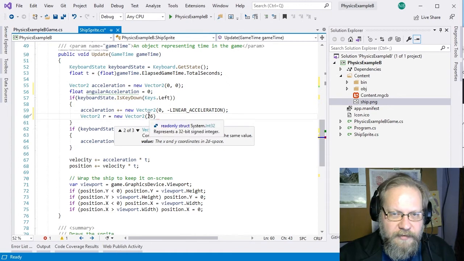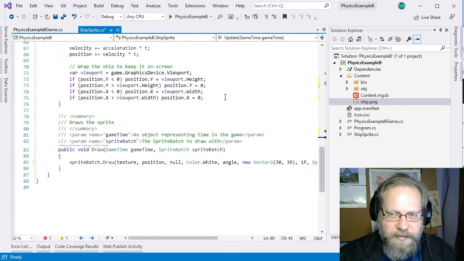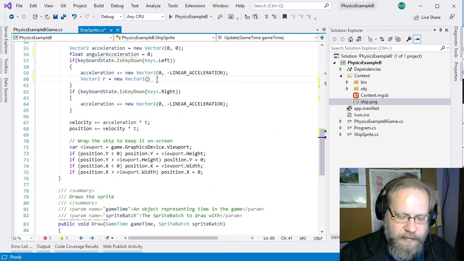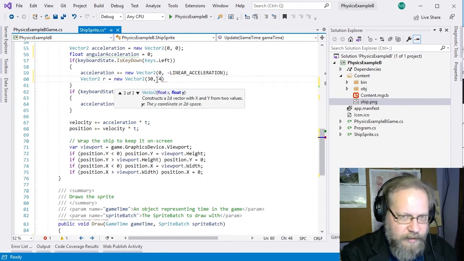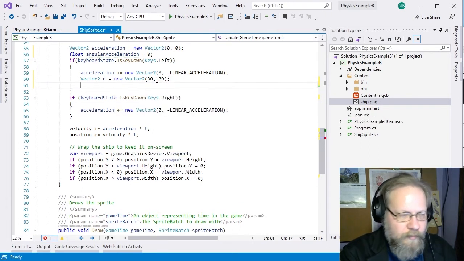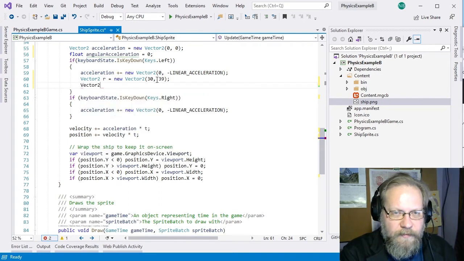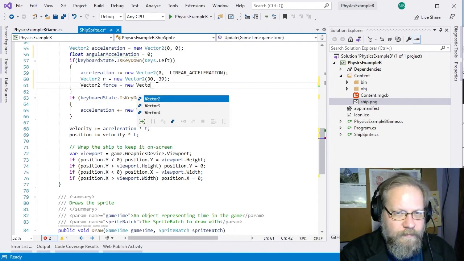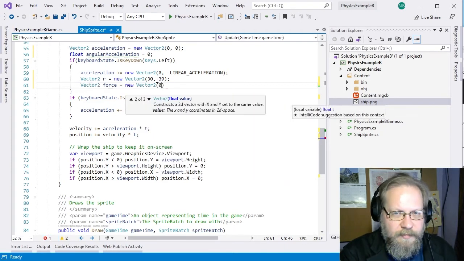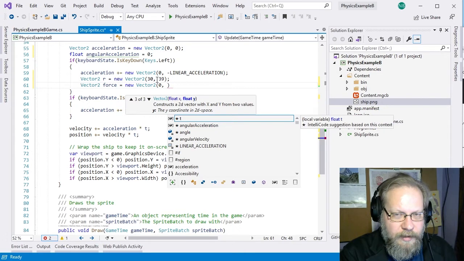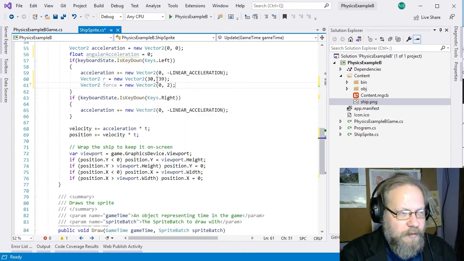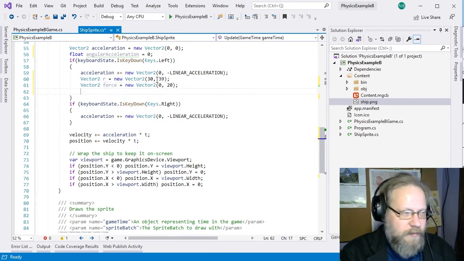That's my old values. Basically want this to be the same as this, the 30 and 39. And then we have our force vector. And let's make this be 0 and 2. Or maybe 20. We'll try 20. And then we can calculate the torque.